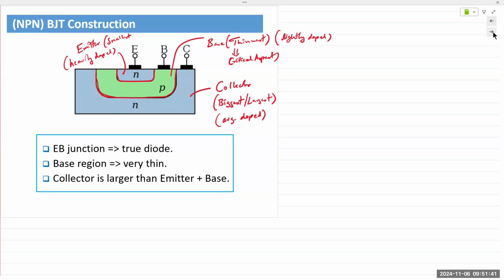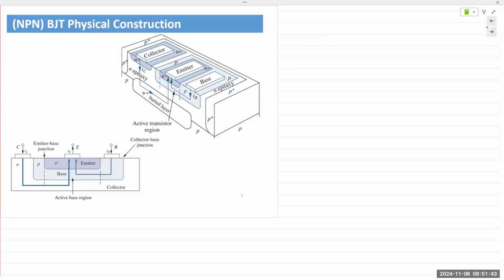So this is from the side. Let's look at a three-dimensional cutout of a BJT. Here's the collector region. This entire region that you see here is the collector region. It's an NPN transistor, so the collector is N-type material.